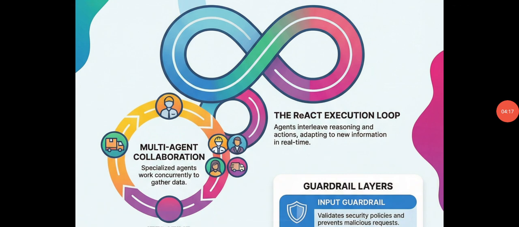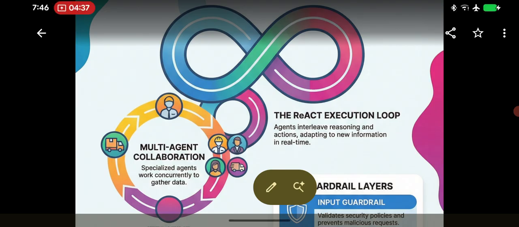Once this LangGraph object works, you can have it in a loop using a reason and act execution loop. There you can have an agent which will monitor the execution and the output received, and evaluate it with the help of multi-agent collaboration.